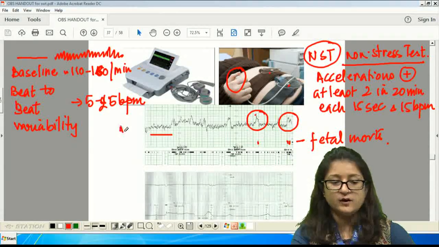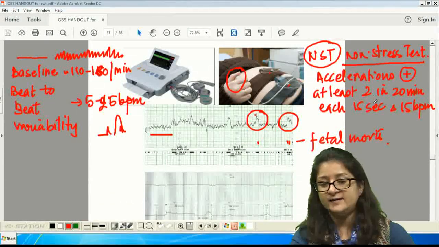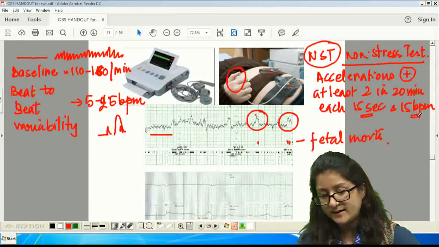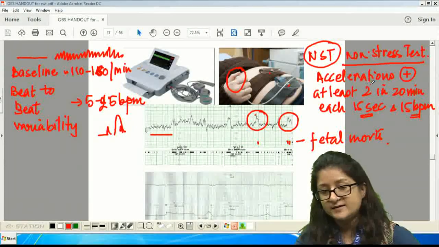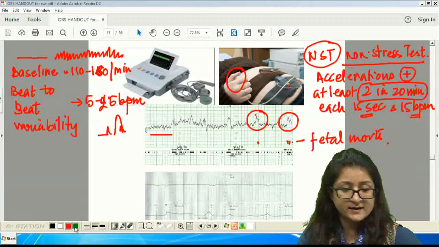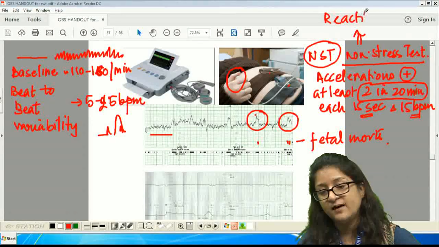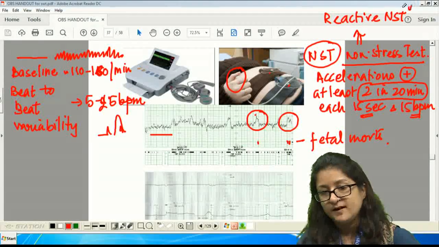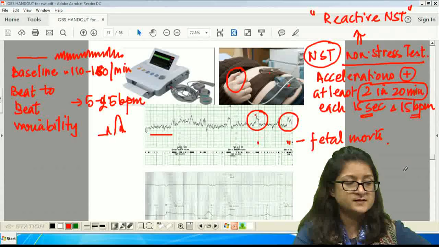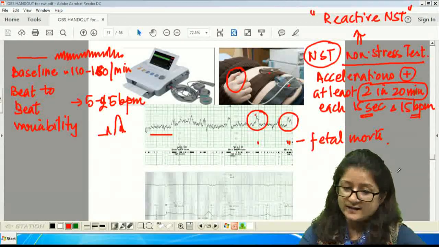It should not be a small acceleration, but a good acceleration. So each acceleration should last at least 15 seconds and rise at least 15 beats per minute, and such accelerations should be present 2 in 20 minutes. If these criteria are met, it is called a reactive NST. Reactive non-stress test means that the fetus is all okay.